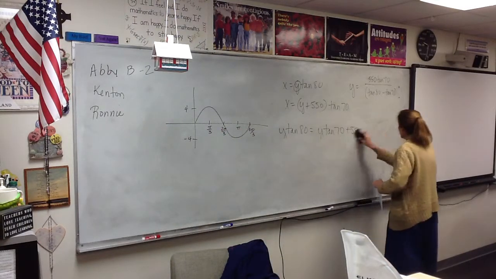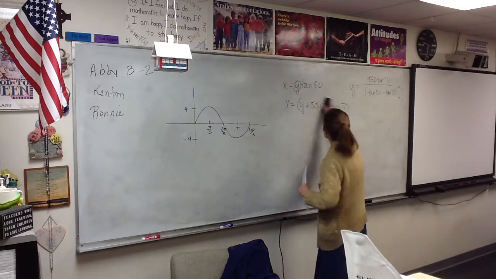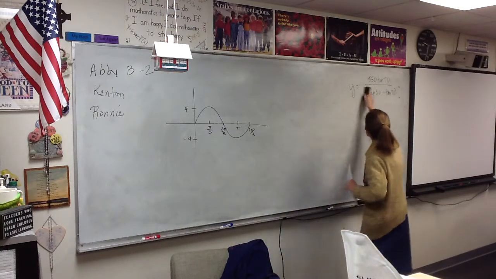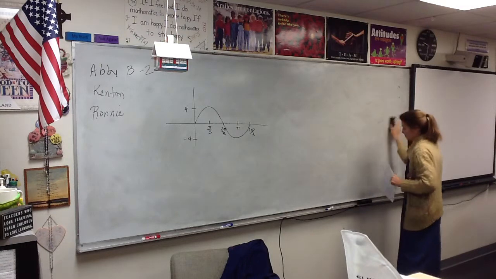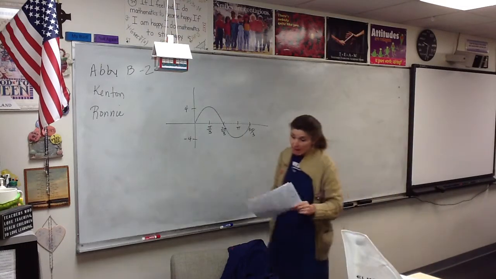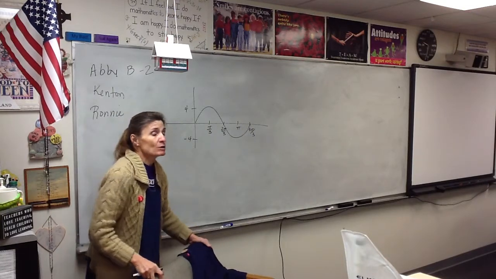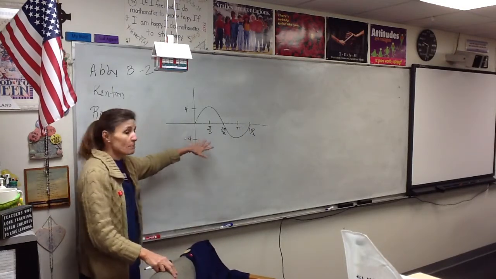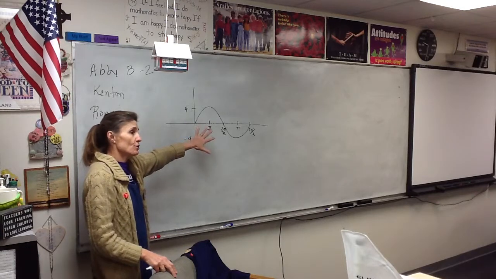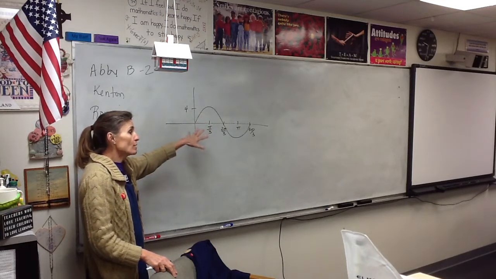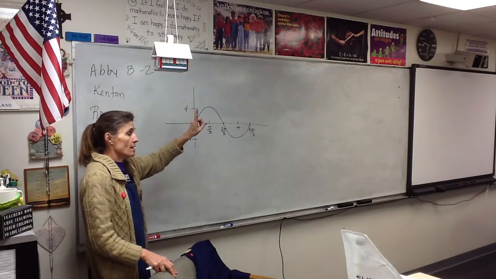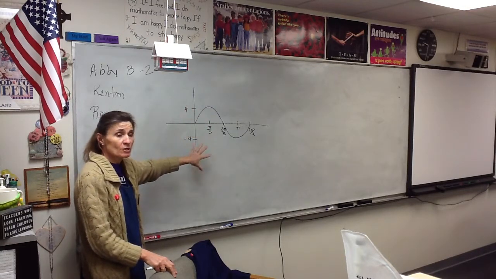Now, after grading your quizzes, some of you are still struggling with your sketching. So hopefully this might help you, because what we're going to do now is go backwards. There's the picture. It's been drawn for you. Now you're going to write not one, but two equations for this curve.